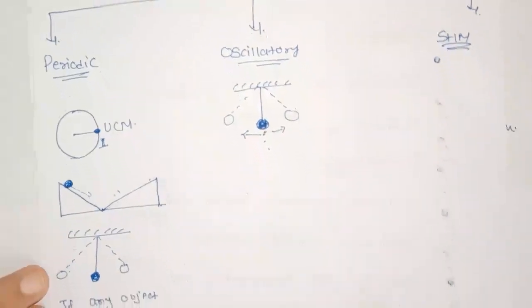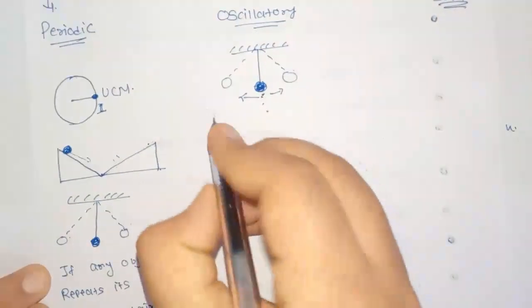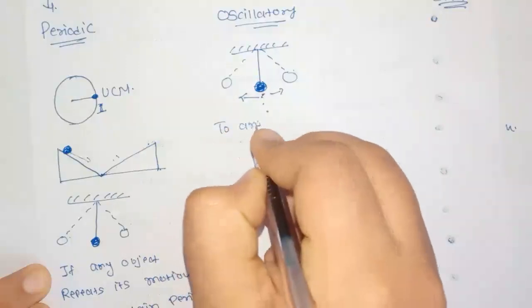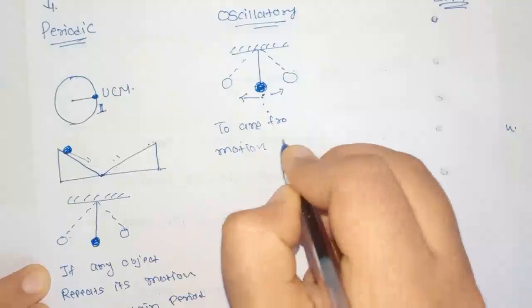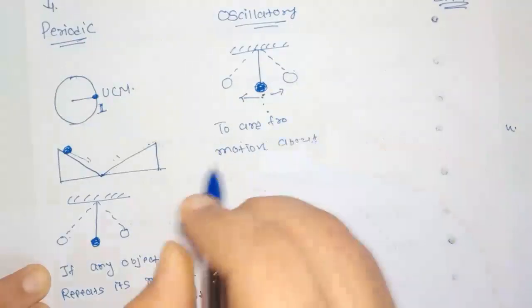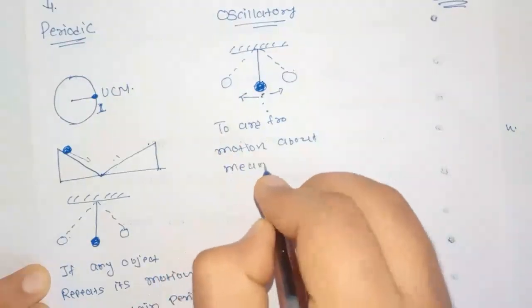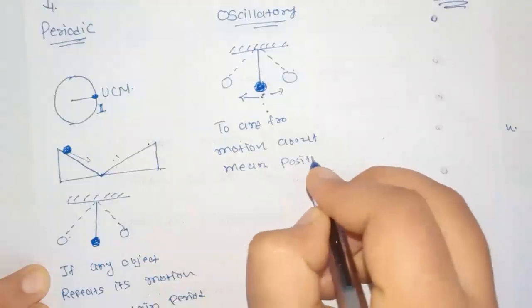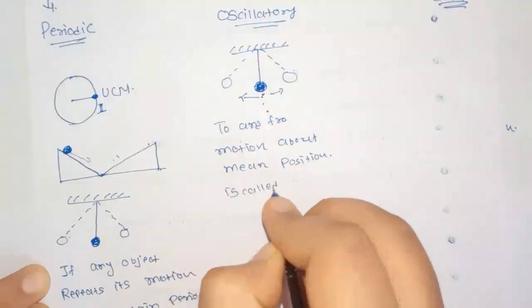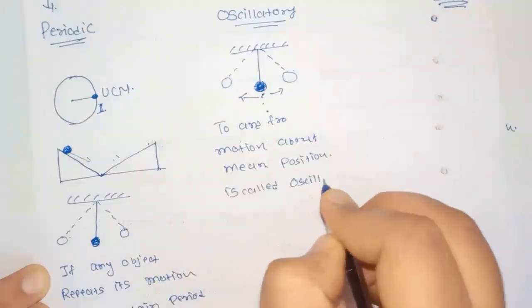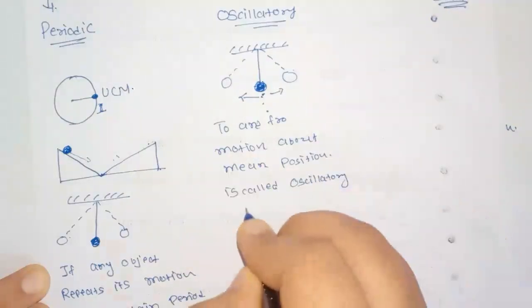So the to and fro motion about the mean position is called oscillatory motion.